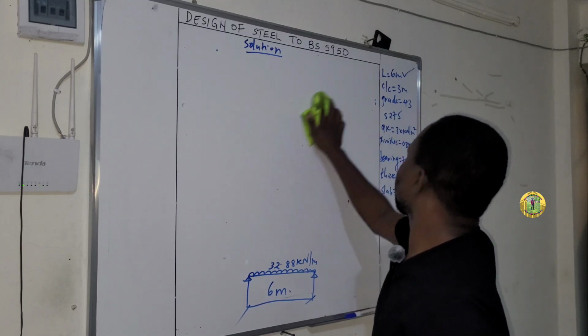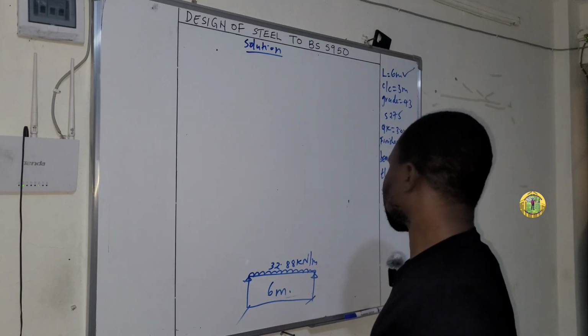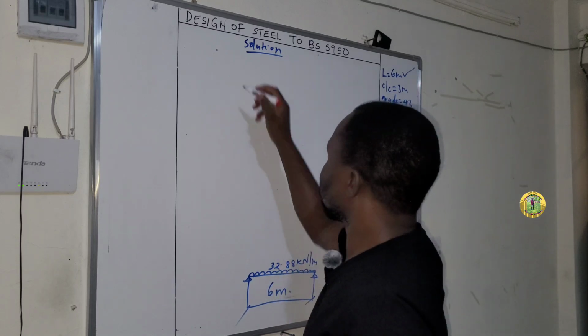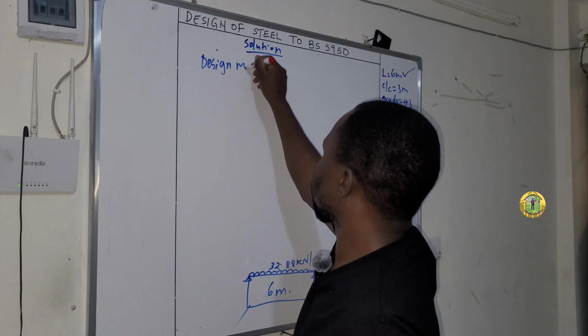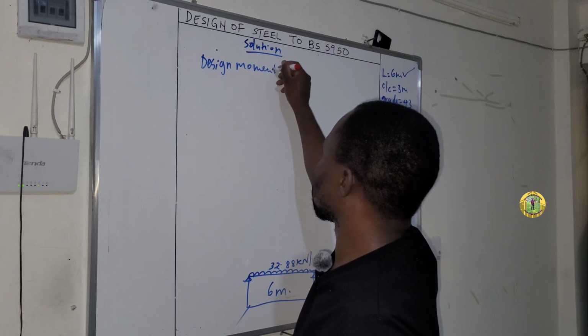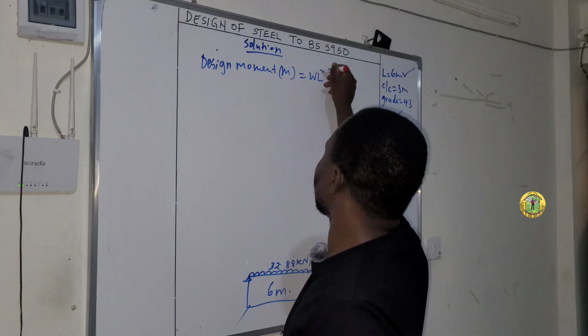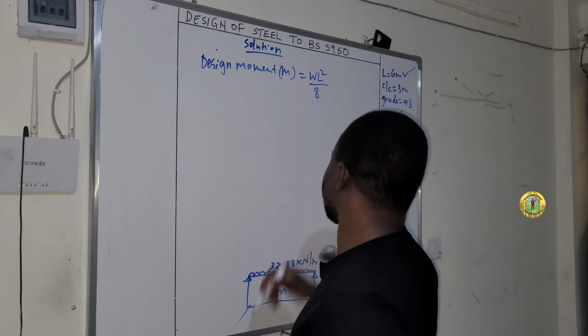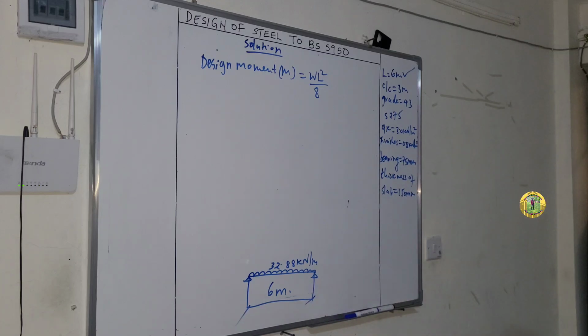So design moment, M, using this beam, is equal to WL square over 8, based on this type of simply supported beam.